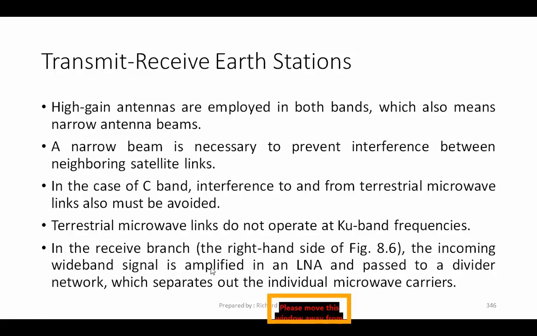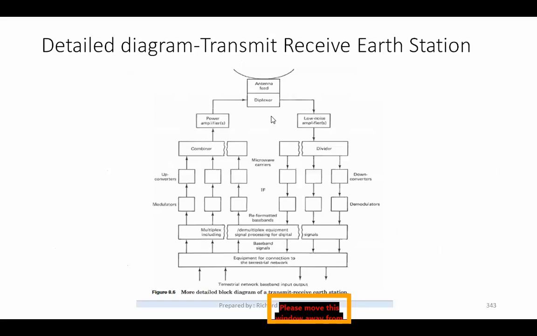In the receive branch, the right hand side of the figure, you can logically divide this part as your transmitter section, and this half can be thought of as your receiver section.